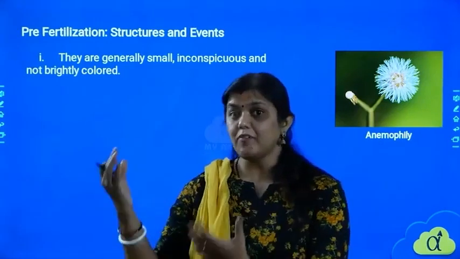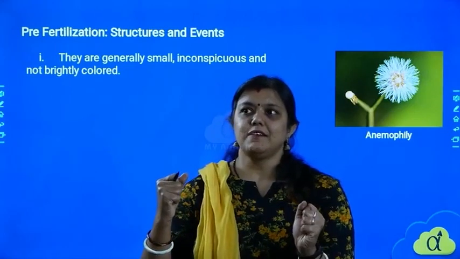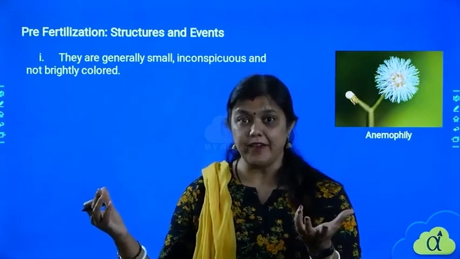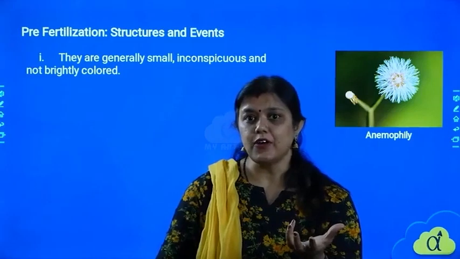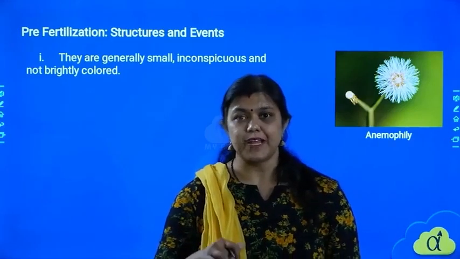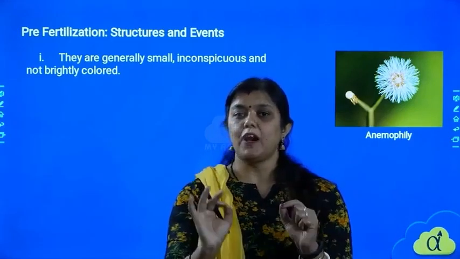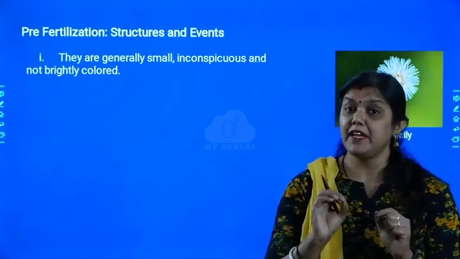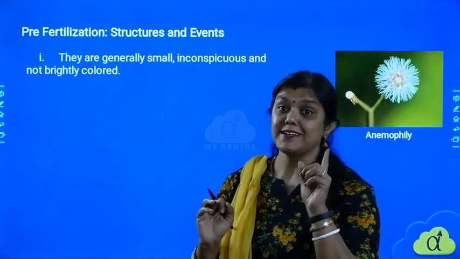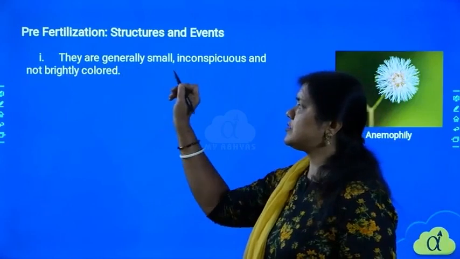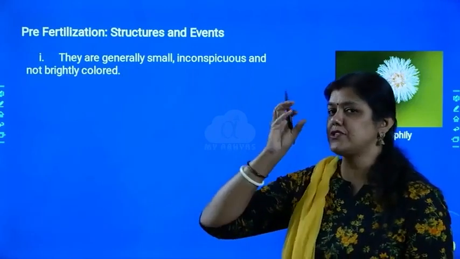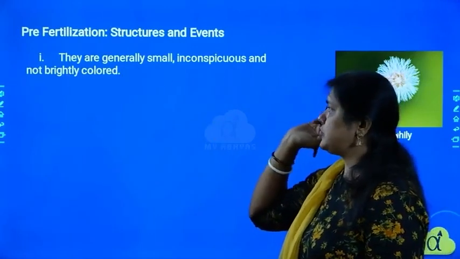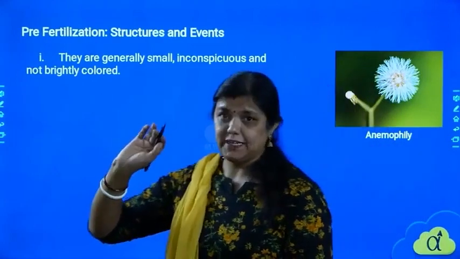If it cannot fly, then obviously they cannot move. If the pollen grains are very heavy, then they will settle down. They will come down because of gravity. So in wind pollinating flowers, the pollen grains must be very light in nature. That is the first point. The flowers are generally very small, inconspicuous, and not brightly colored.